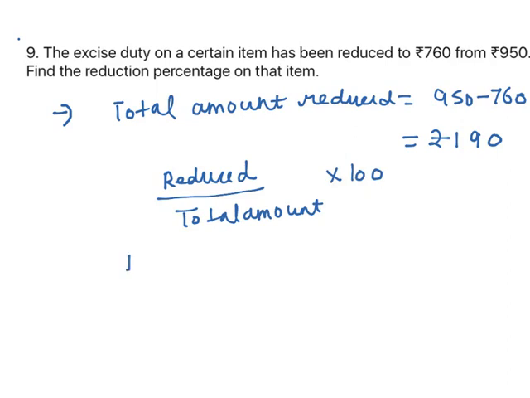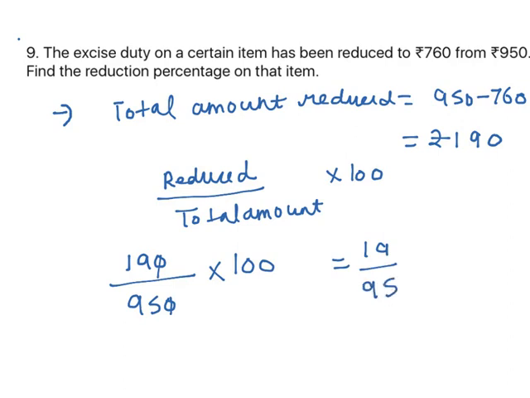So the reduced amount is 190 and the original amount from which the excise duty has been reduced is 950, and as we want the answer in percentage, we multiply it with 100. Now we solve it. We get 190 by 950 times 100, and when we solve it we get 20%. So the percentage reduction in excise duty is 20%.